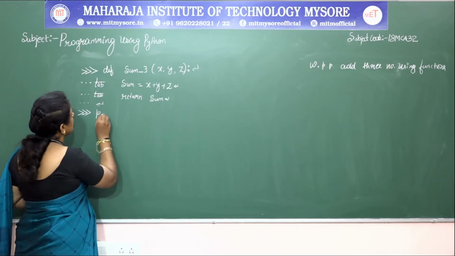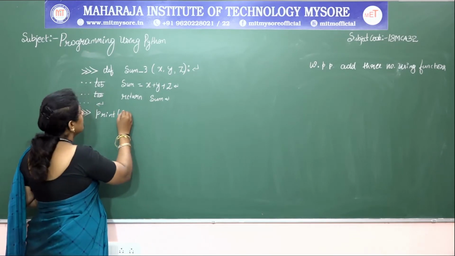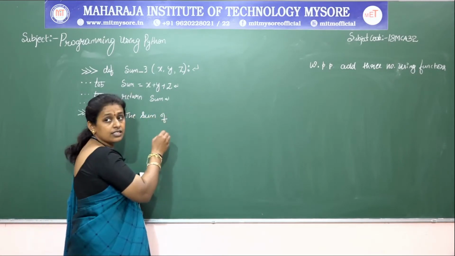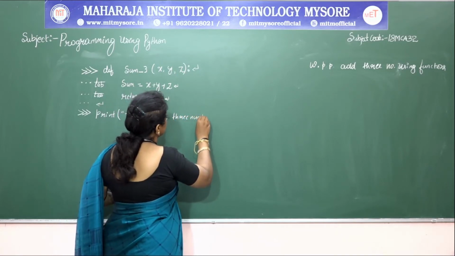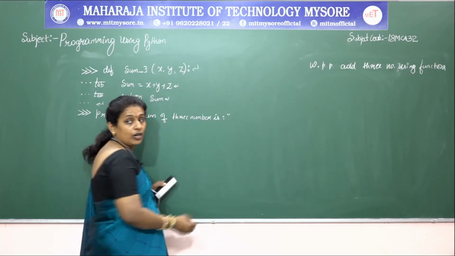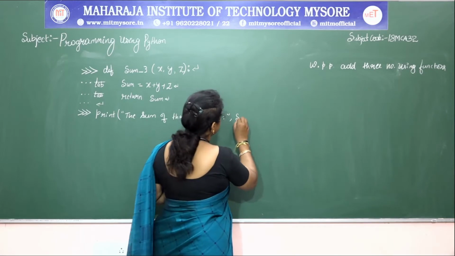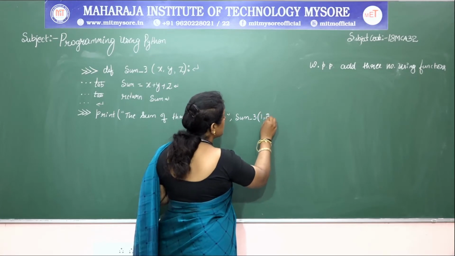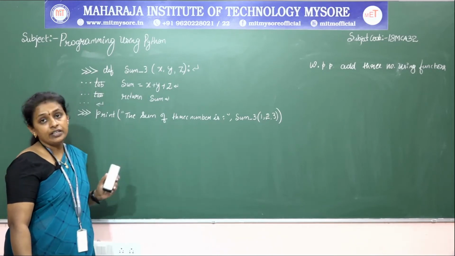After that I am using the built-in print function: the sum of 3 numbers is. Here I am calling the function sum_of_3, passing the values 1, 2, 3 and closing the print function.